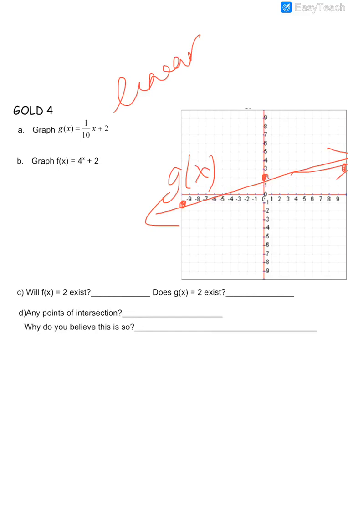This is my exponential function. 4 to the x plus 2. I'm going to go to y. Oh, I did it already. I plugged it in. And I have 0, 3. 1, 6. 2, 18 is definitely not fitting.